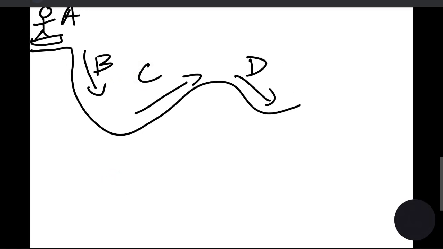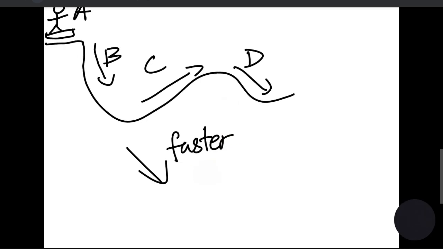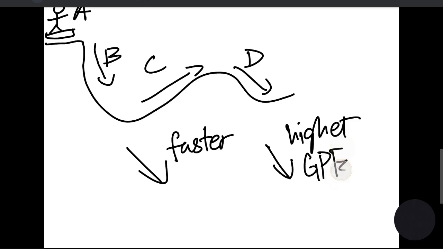What you can see is that usually when something goes down, it tends to move faster as gravitational potential energy is pulling them downwards. So it means the more it's faced down, the higher the gravitational potential energy.